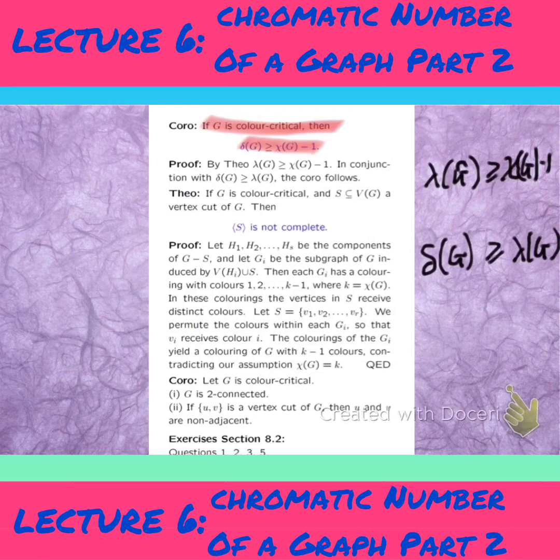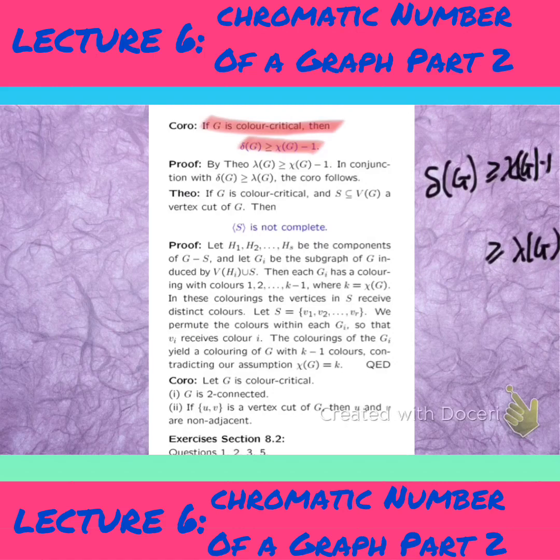So because lambda is the minimum number of edges I must remove for disconnectivity, it's therefore at most the minimum degree of G. So you can basically then just replace that with an inequality, and you can deduce that delta of G is at least that.